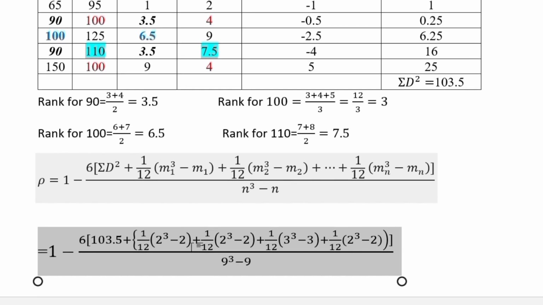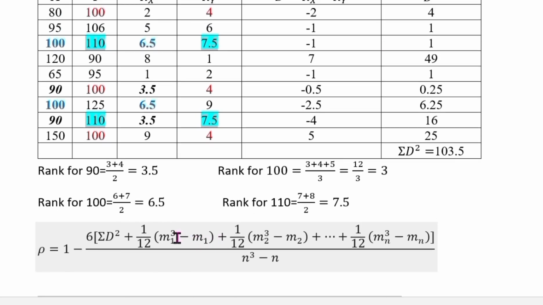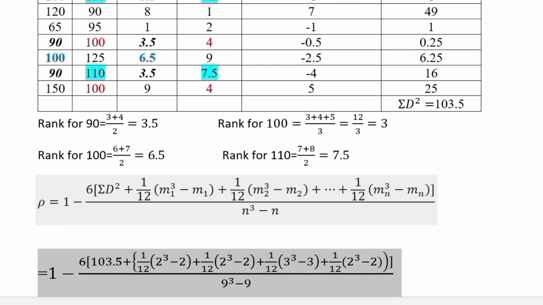You close the brackets and then plus 1 over 12 into, which is the other number that has been repeated. The other number that has been repeated is 100, which was also repeated twice. So we shall have 2 cubed minus 2, from the fact that another number has been repeated twice.